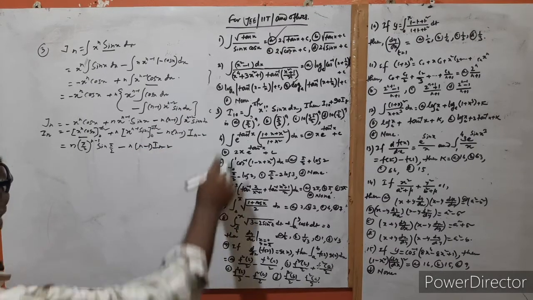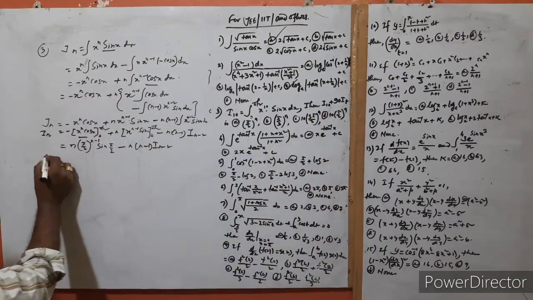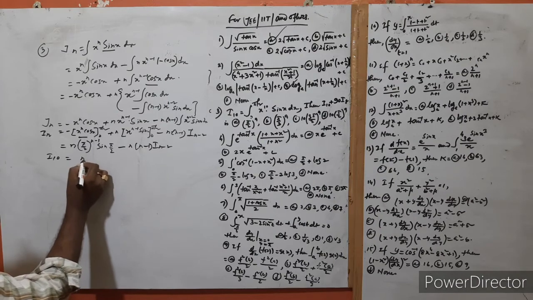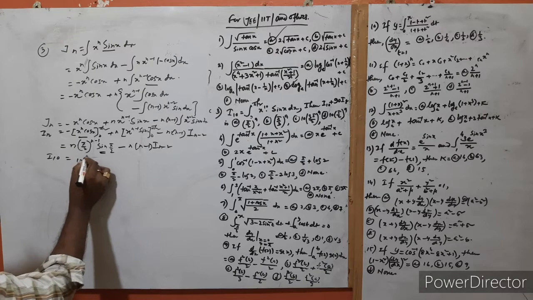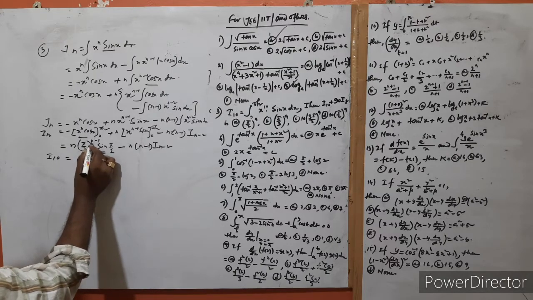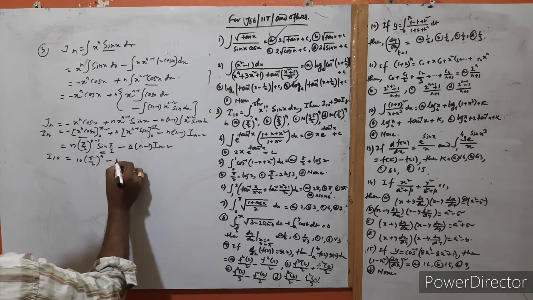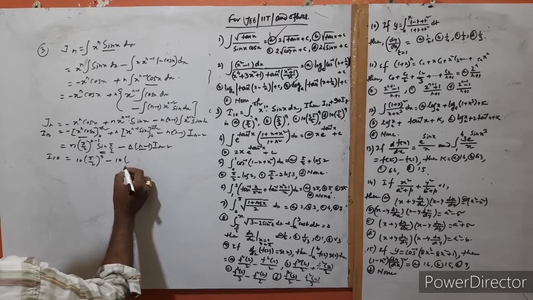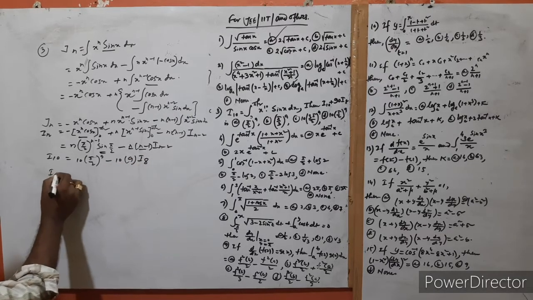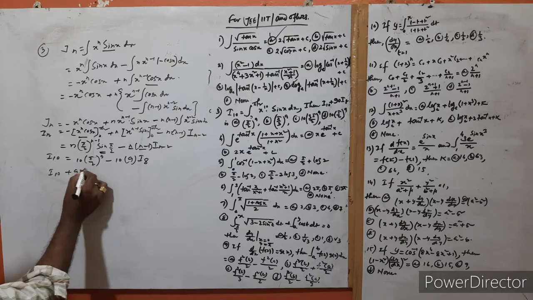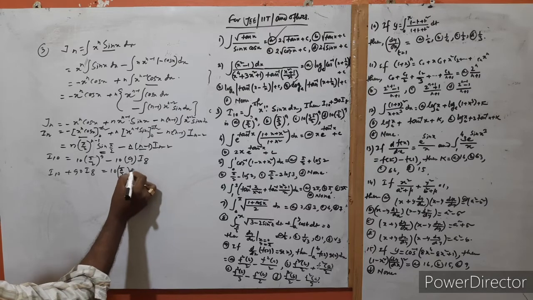So we have to find the value of I_10 plus 90 into I_8. Now put n equal to 10 here. Pi by 2 sin means 1. So I_10 equals 10 into pi by 2 to the power 10 minus 1, this is 9, minus 10 into 10 minus 1, this is 9, into I_8. So I_10 plus 90 into I_8 equals 10 into pi by 2 whole to the power 9.